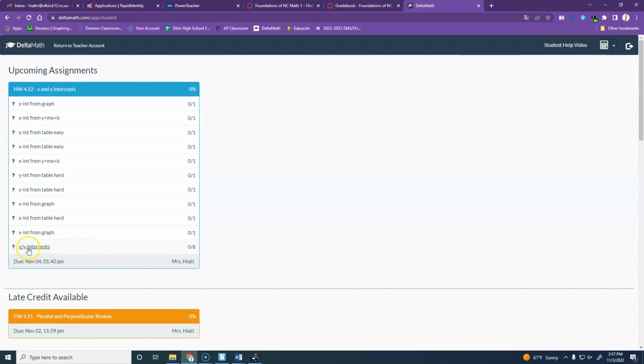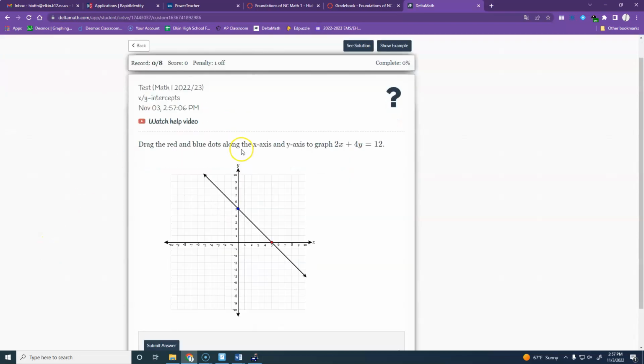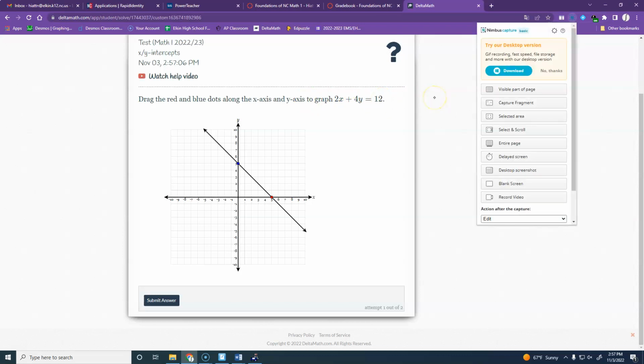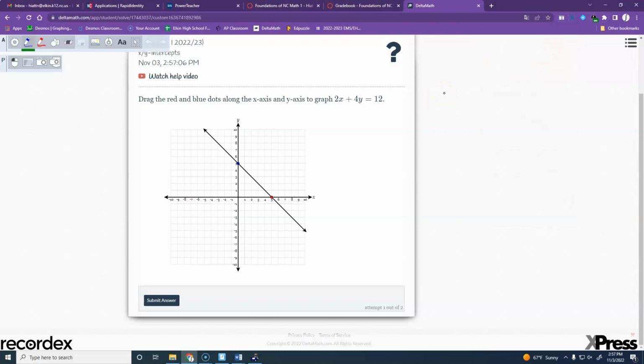And then the last part, the x and y intercepts, asks you to graph the x and y intercepts. So if I were doing this problem, let's see if it'll let me write on this. That's not what I want. I want this. Okay, if I'm looking for the x-intercept, I'm just thinking divide by 2, x equals 6.